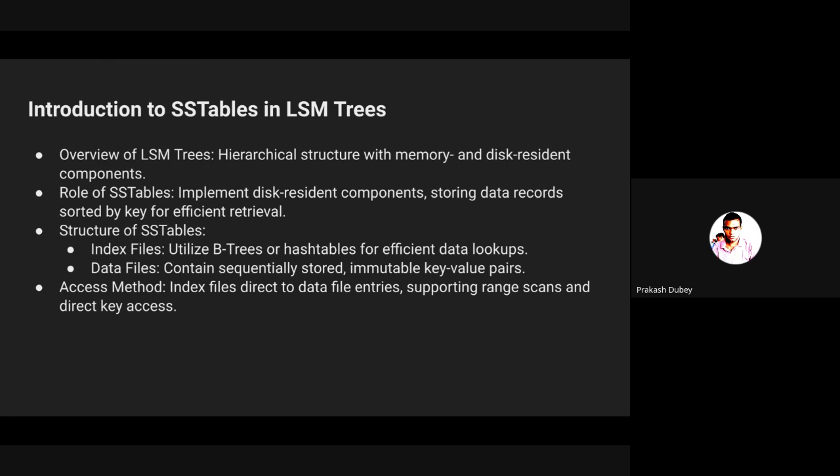And we have index files, which point to the sorted data records. This index file can be either a B tree or a hash table. A B tree is also good in the same way; it can help identify the data lookup, and the same for the data file. Since this is sorted order, even with a hash table it can support range queries.